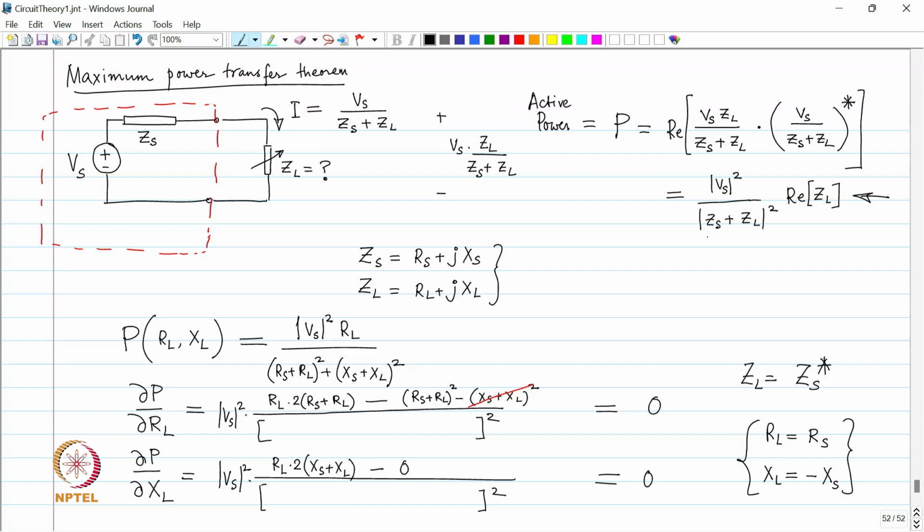Z s plus Z L is now going to be equal to how much? If Z L is conjugate of Z s, 2 times R s. So, I basically get maximum power is equal to mod V s squared divided by 4 R s.